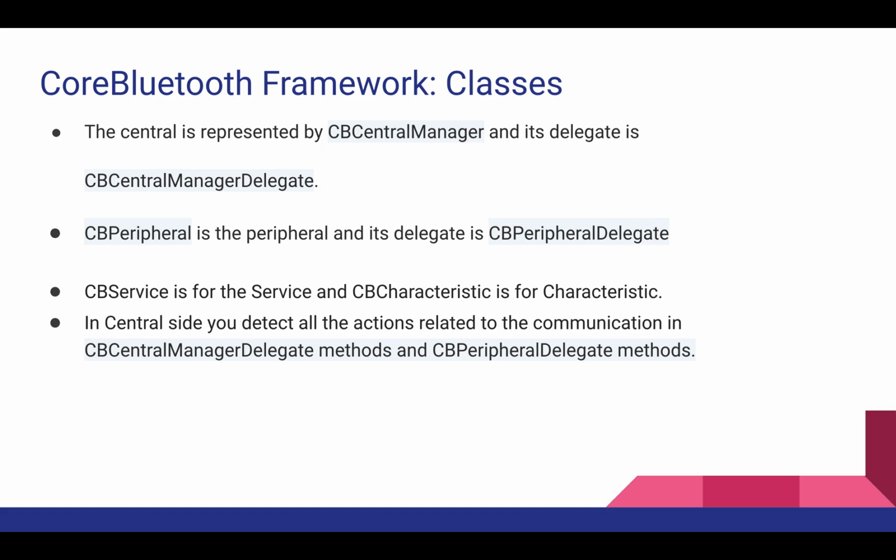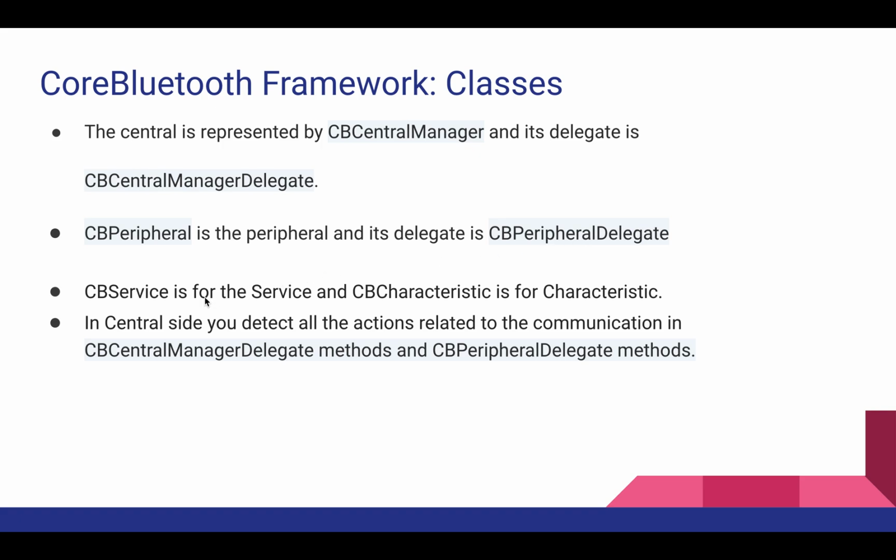Now let's understand what the basic classes are which represent BLE entities and how we can achieve the GATT workflow. The central is represented by the class CBCentralManager and its delegate is CBCentralManagerDelegate. The peripheral is represented by CBPeripheral and its delegate is CBPeripheralDelegate.